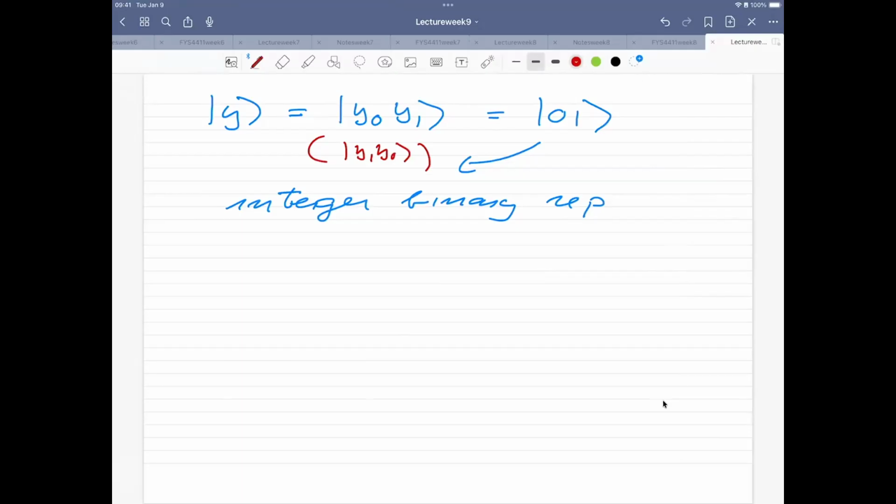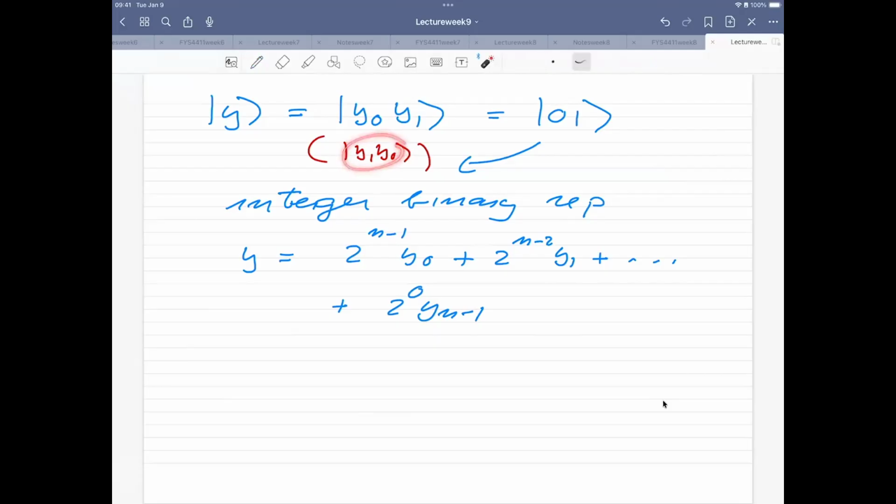But if I choose this kind of binary representation, then this specific state, which I've called y, and I'm going to translate into numbers, is now going to be given by 2 to the power of n minus 1 times y0, plus 2 to the power of n minus 2 times y1, and so on, all the way up to 2 to the power of 0 times y of n minus 1. You could interchange. So if you interchange the ordering, you would obviously start with the highest one.